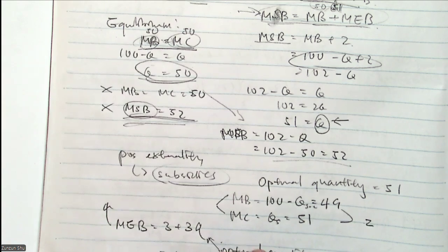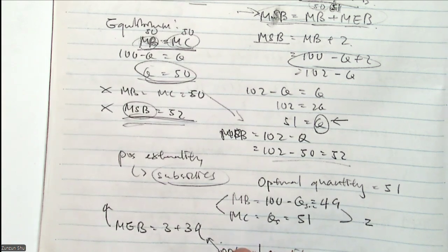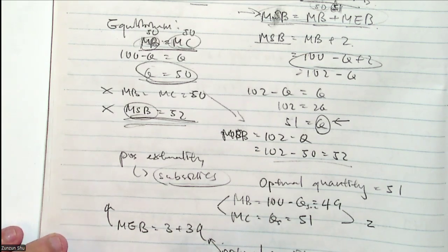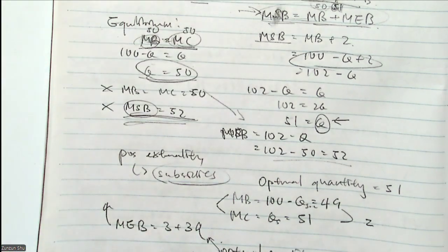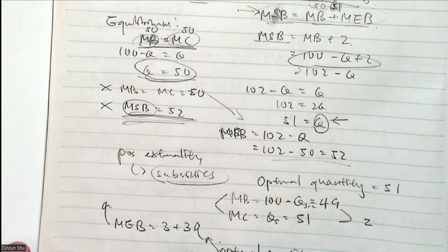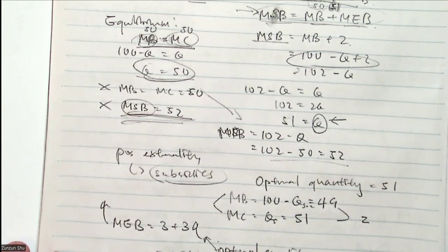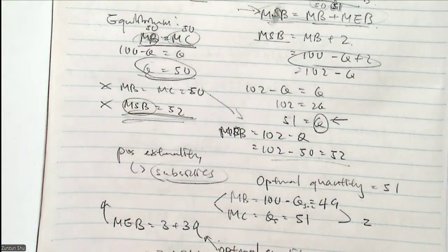So that's 3 plus 3 times 4. This is just a hypothetical question, equal to 15. You get your MEB, and basically that also gives you your per unit subsidy. Here it doesn't really allow you to do it, but when you do, the same logic is you take MEB equals to 2, right? So that's the actual subsidy. That's another way to find it. Okay.